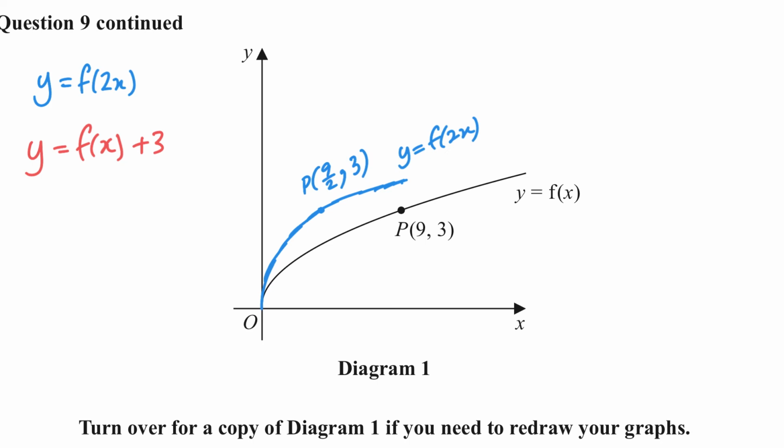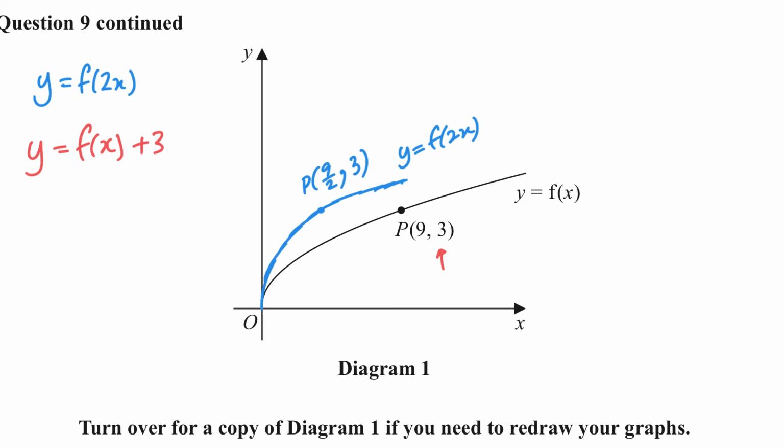Now our second graph is f of x plus 3, so that means it's going to move up 3, which luckily we can see this value here, which will help us. So the first thing I would suggest doing is getting your pencil and drawing a faint line through that point P. This faint line is going to represent my x-axis.